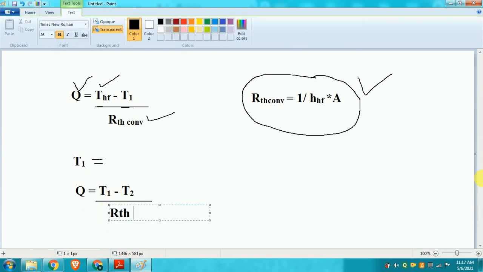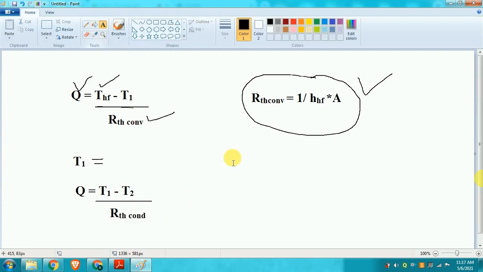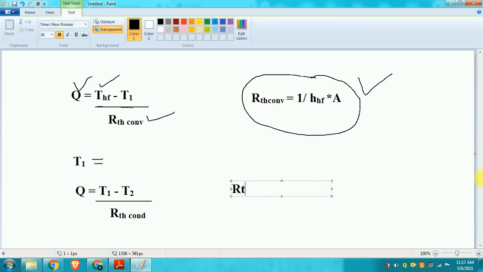RTH, that is due to conduction resistance. The value of conduction resistance, how do we find? Again, we have standard equation which we are using. So this is equals to L divided by K into area.